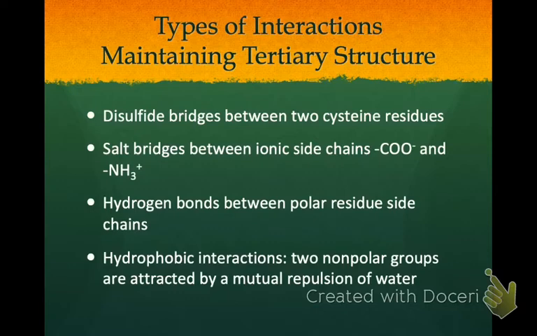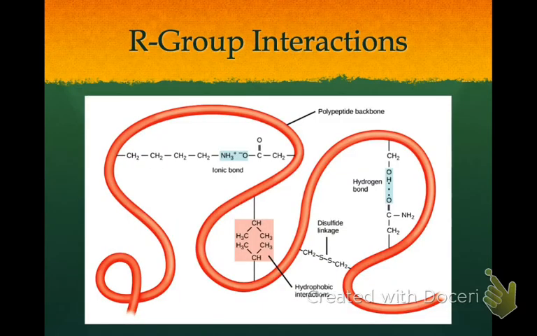dipole-dipole interactions. This slide shows some of those R group interactions that I was talking about. In this particular slide, we have a protein that has started its tertiary folding, allowing for some of those R group interactions.